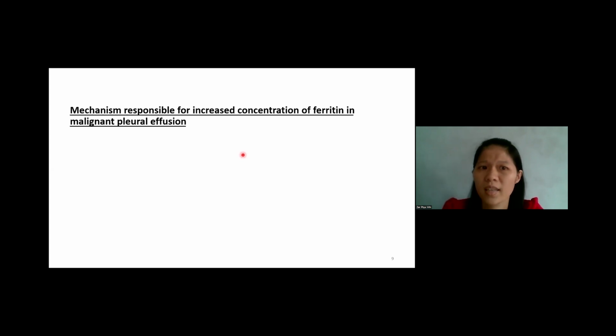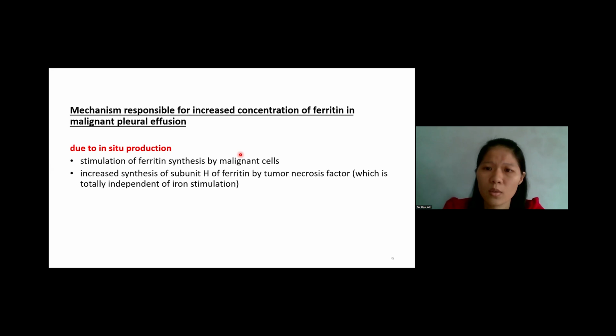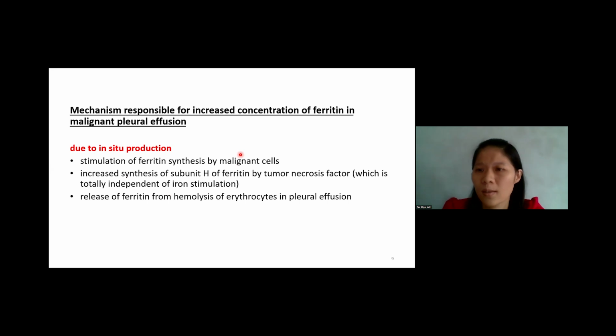I would like to explain the mechanism why ferritin is increased in malignant pleural effusion. Definitely, it is due to in situ production from the pleura. It is because malignant cells can stimulate ferritin synthesis, and tumor necrosis factor also increases synthesis of subunit H of ferritin. And malignant pleural effusion contains red blood cells.